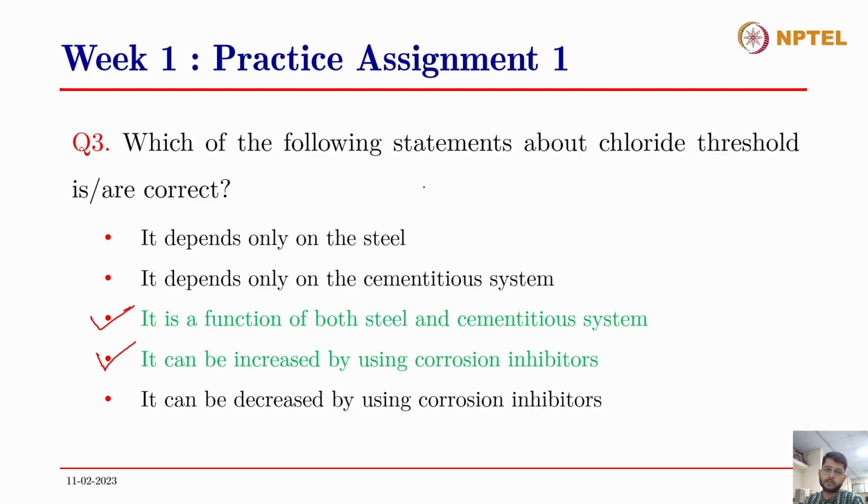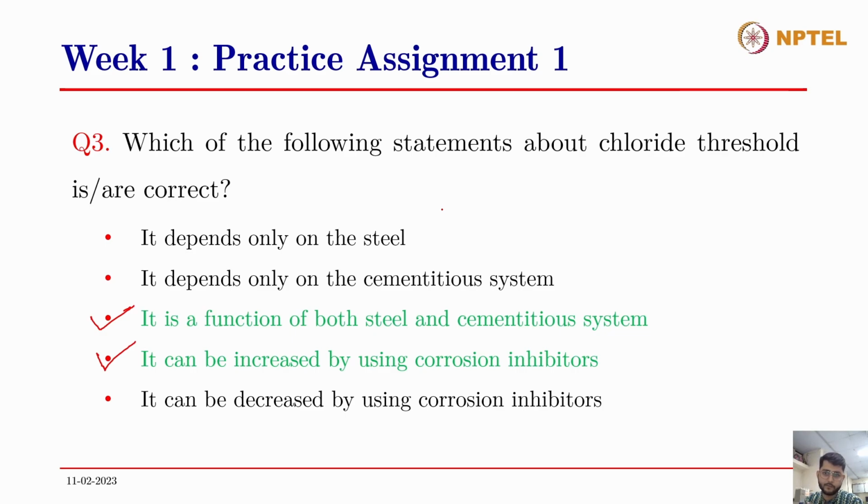Chloride threshold indicates the amount of chlorides that can get accumulated at a certain location near the reinforcing bar, which will be sufficient to break the passivating film of the rebar. So chloride threshold is basically a certain amount of chloride that will be sufficient to break the passivating film of the rebar.